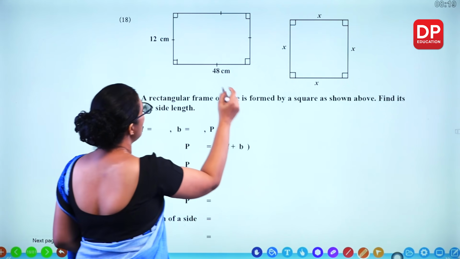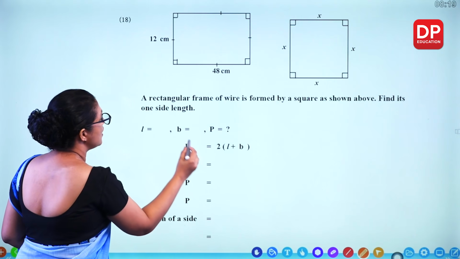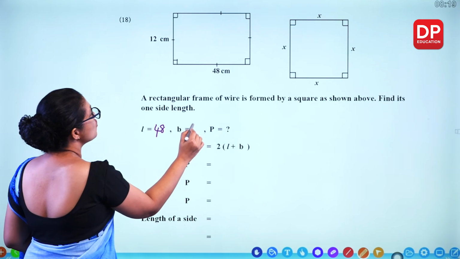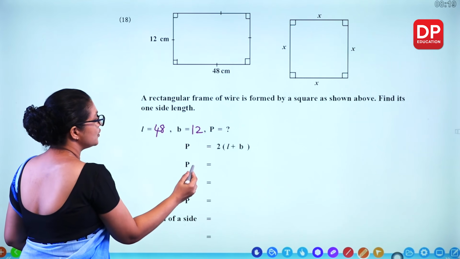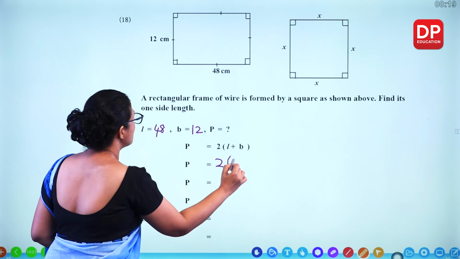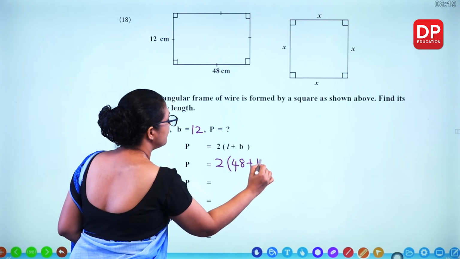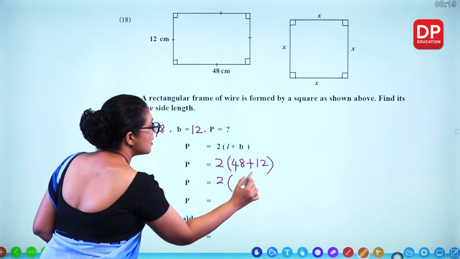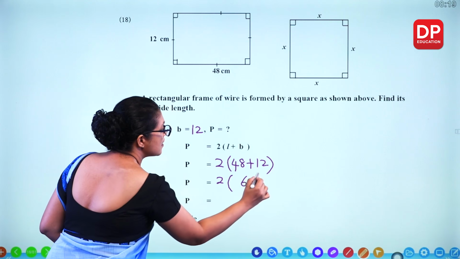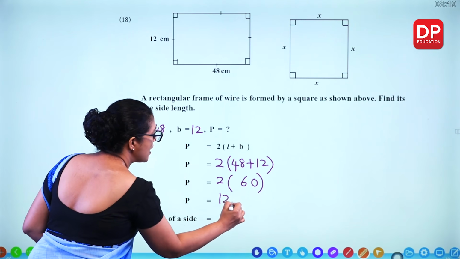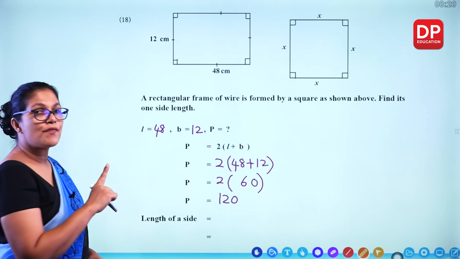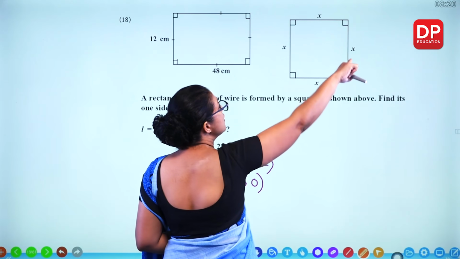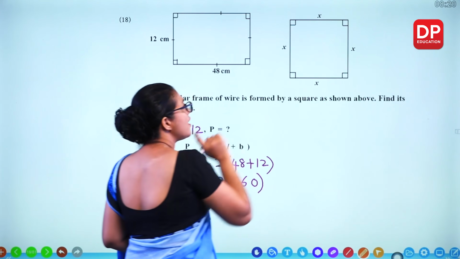You can find out using the formula. We know length is 48, breadth is 12. So substitute: 2 times 48 plus 12, 2 times 60. So 120 is the perimeter of the rectangle. That is equal to the perimeter of the square as well.